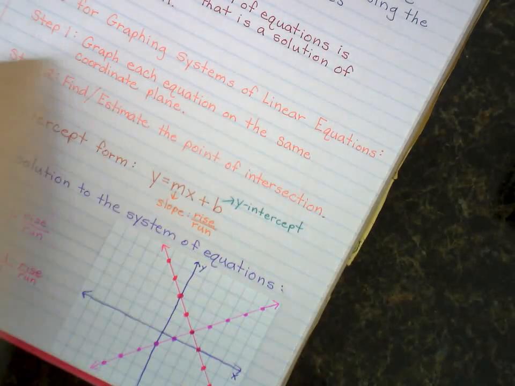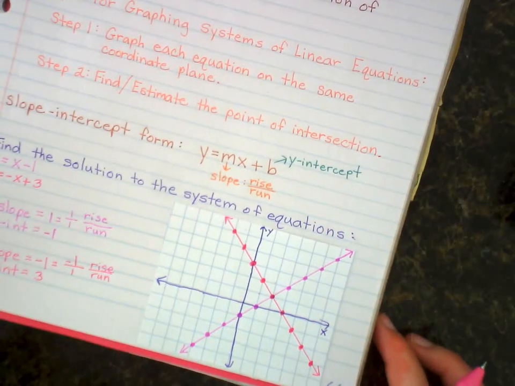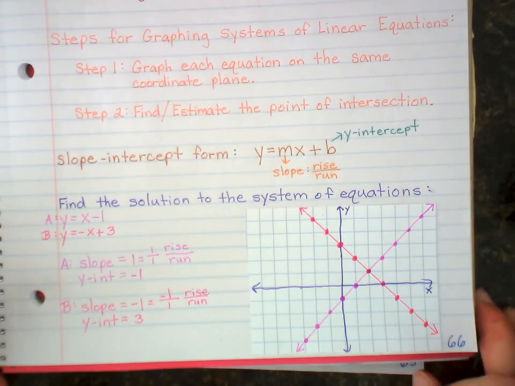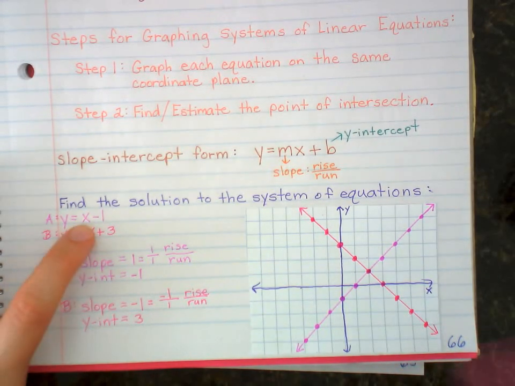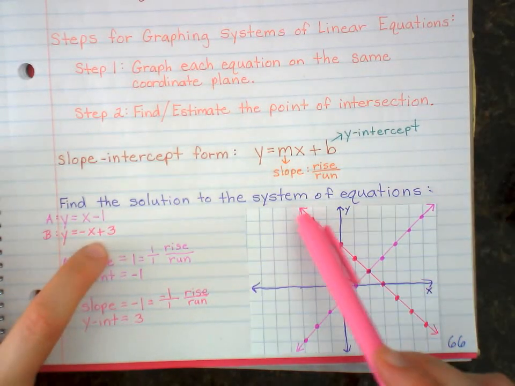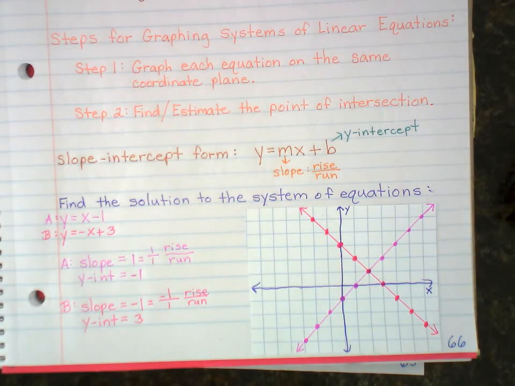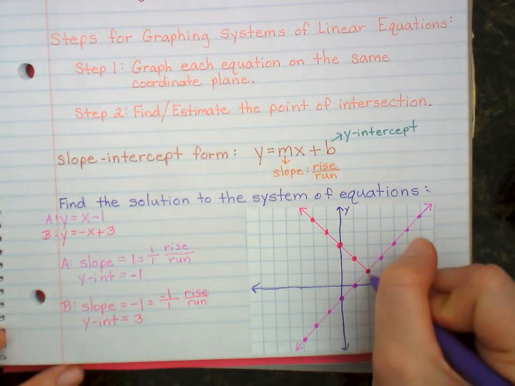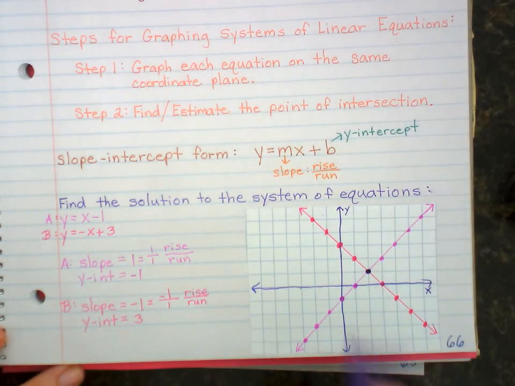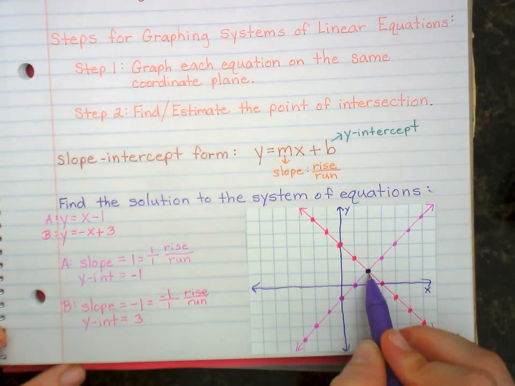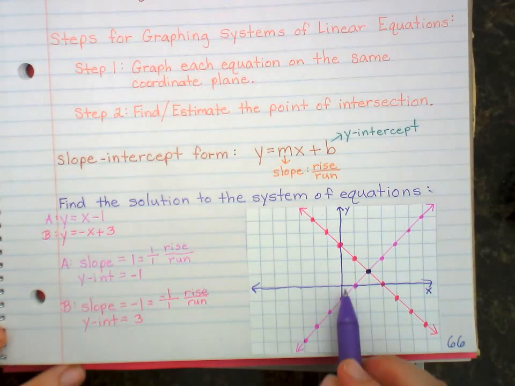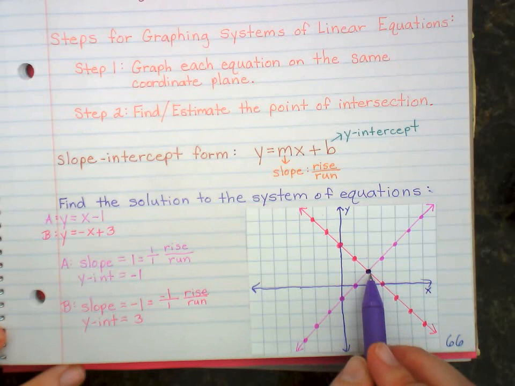Okay, and that's the graph for our system of equations. So we have in purple x minus 1, and in pink negative x plus 3. So what is the solution? Where do the two graphs overlap? Right there. What is this ordered pair? Well, we went right 2, up 1.